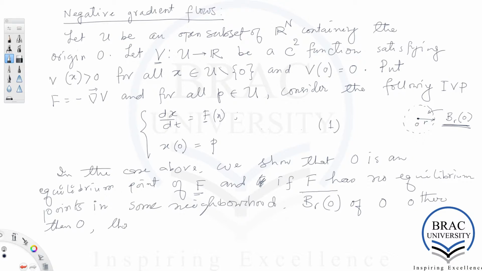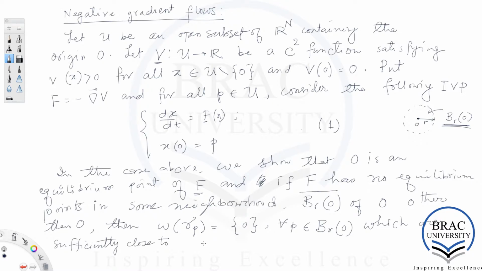Then if this is the case, the omega limit point of the orbit of P is going to be just the origin for all P in this open ball of radius R centered at 0 which are sufficiently close to 0.